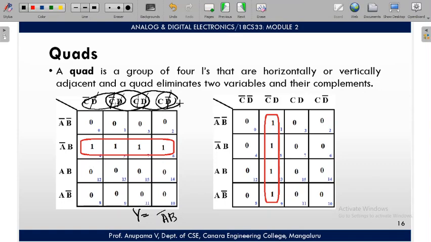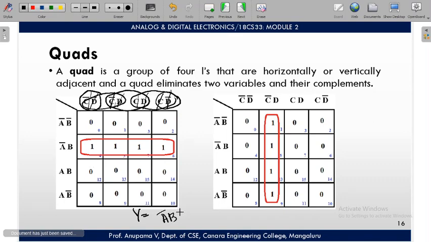Finally, if I combine this term with the adjacent term, these two terms become adjacent. If I roll or fold the map, I can see that C changes its form from C bar to C. So C and C bar get eliminated. So the resultant which we received in the columns is 1.